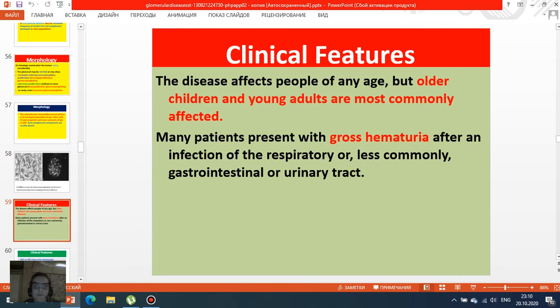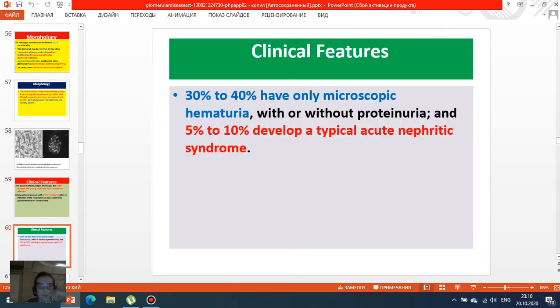The disease affects people of any age, but older children and young adults are most commonly affected. Many patients present with gross hematuria after an infection of the respiratory or, less commonly, gastrointestinal or urinary tract. 30 to 40% have only microscopic hematuria with or without proteinuria, and 5 to 10% develop acute nephritic syndrome.